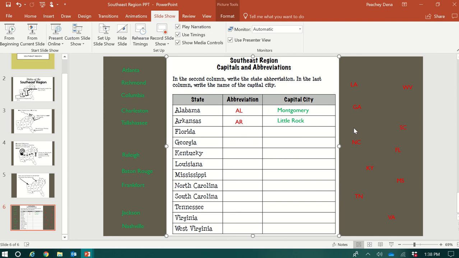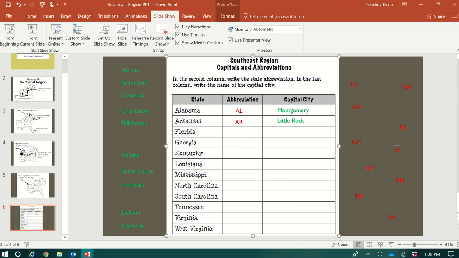Okay. There are two different ways I like to remember this one. I can say I saw a little rock. So Arkansas saw a little rock. Or if you know the story about the ark, you can say the ark landed on a little rock. Either way will help you remember that.